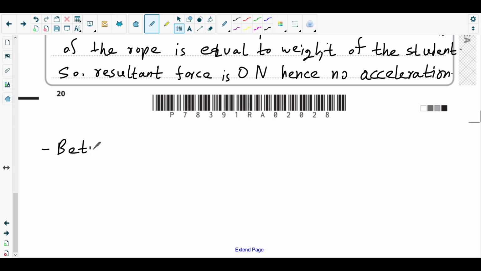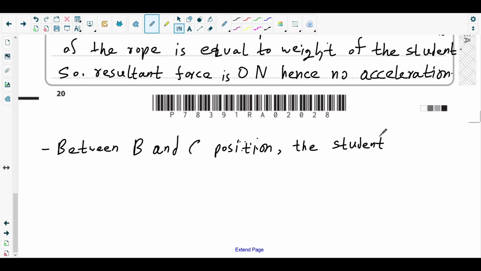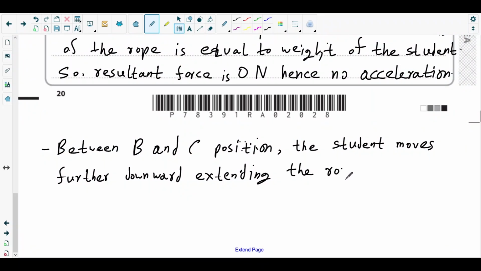So between B and C position, the student moves further downward, extending the rope further.